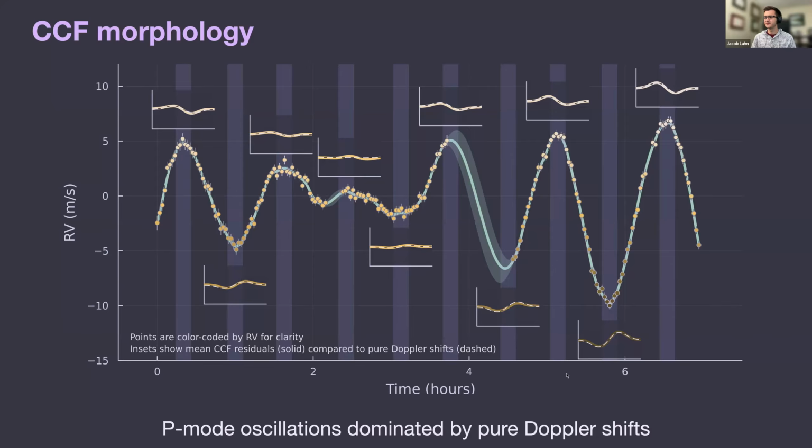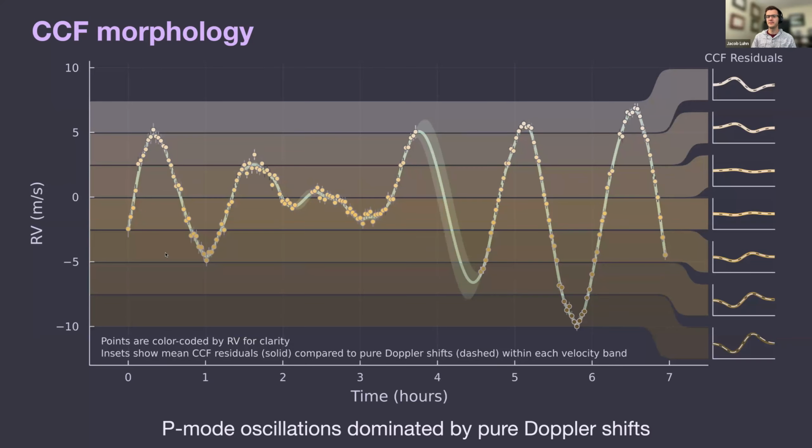And one last view of this, we can bin, instead of vertically at the peaks, in velocity space horizontally, and again just showing that these are tracking pure Doppler shifts fairly well.